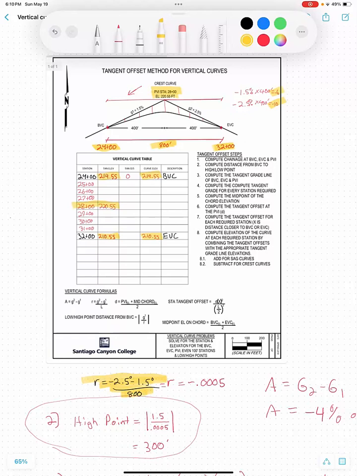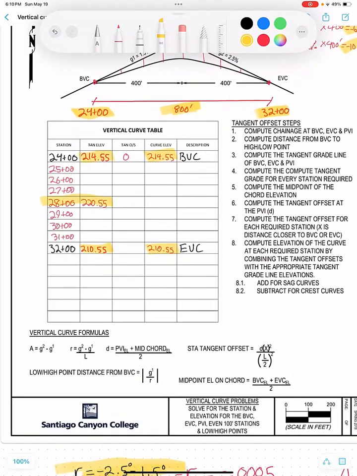Then we take that initial slope over that, and that's how we got to that number. So I know my high point is going to be at 300 feet from the start, which is 100, 200, 300. So that should be my high point here.